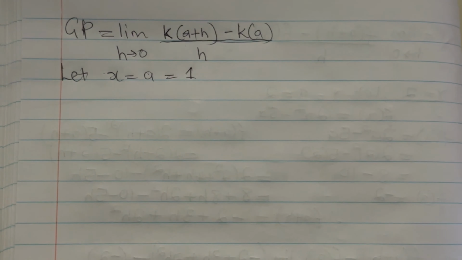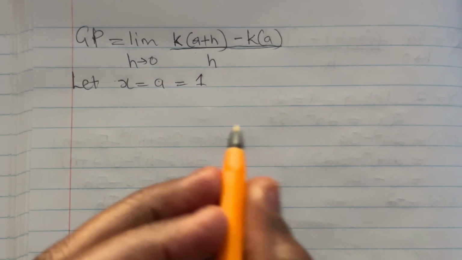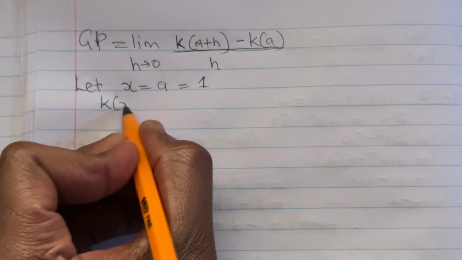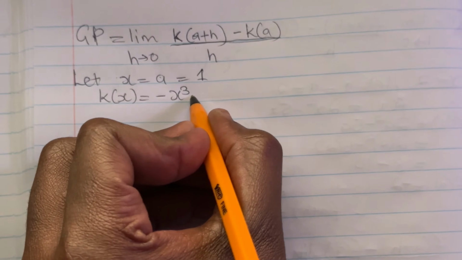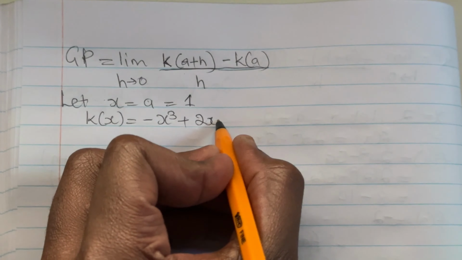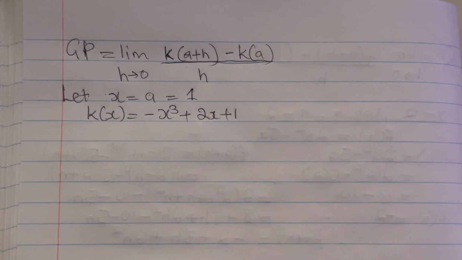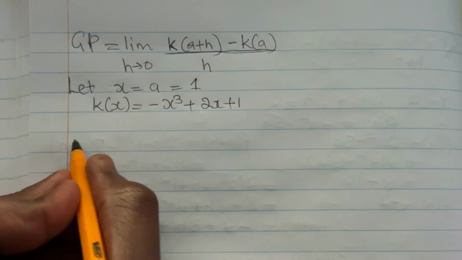So we want to make sure that we let x is equals to a. Then another thing that you have to write down is the function that we are given: k at x is equals to minus x cubed plus 2x plus 1, right? So now you just substitute a where you see x, so that we can get k at a.